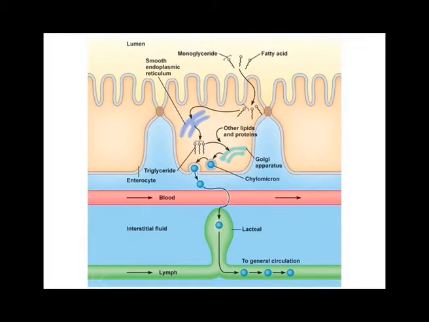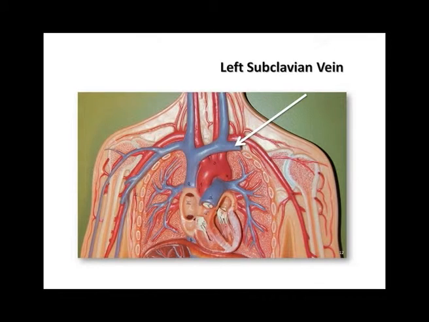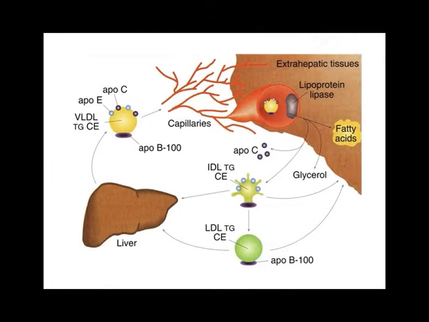Chylomicrons leave the intestine via the lymphatic system and enter the circulation at the left subclavian vein. In the bloodstream, chylomicrons acquire ApoC2 and ApoE from plasma HDLs.